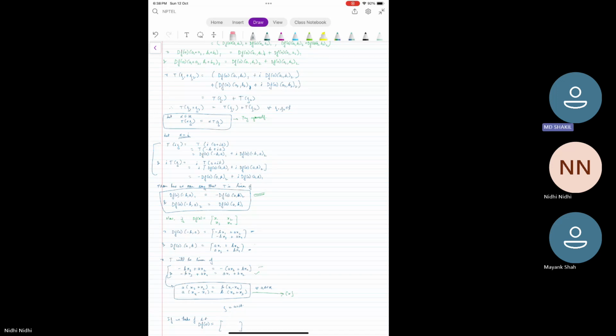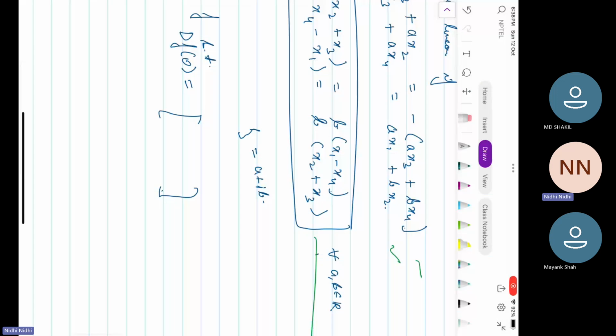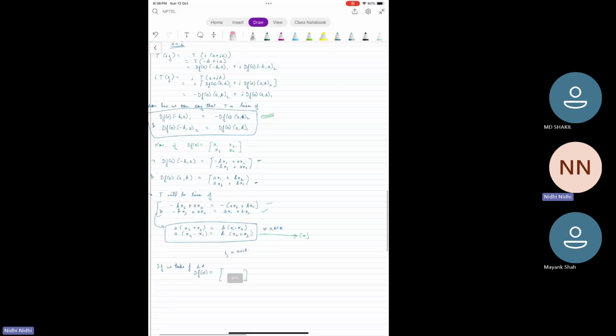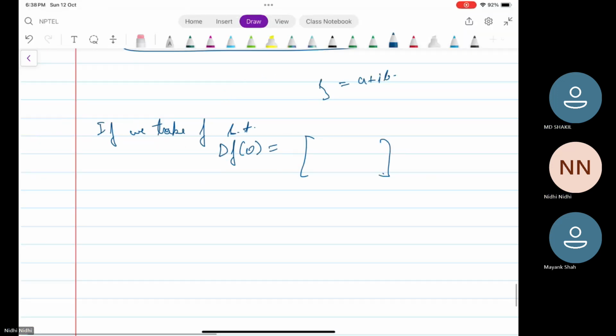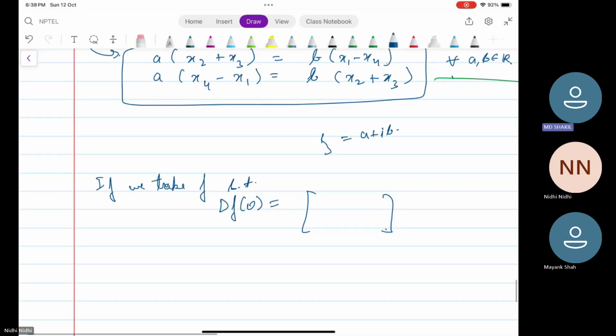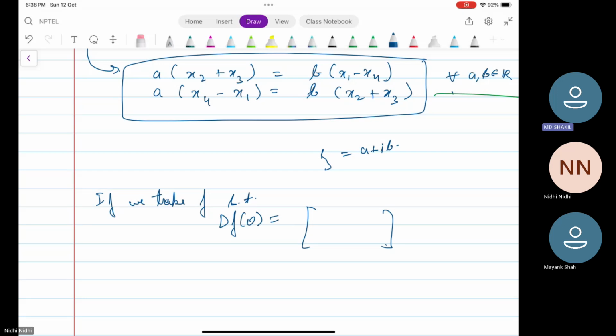Ma'am, if we take any matrix here and then solve these two equations above, then we will find a relation between a and b.